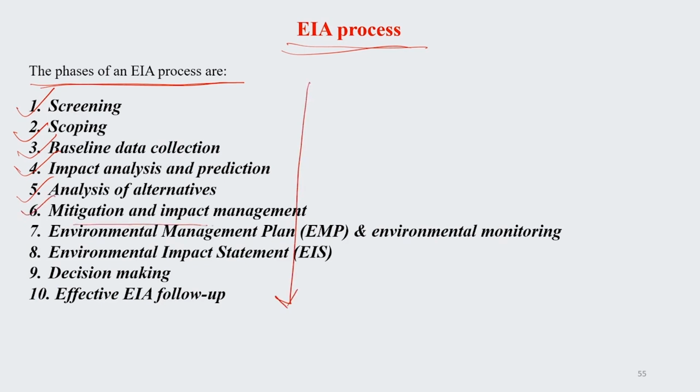Next, mitigation and impact management, environmental management plan EMP, environmental monitoring, environmental impact statement EIS, decision making, finally effective EIA follow up. So, this is the EIA process that normally is followed in the field of impact assessment analysis.